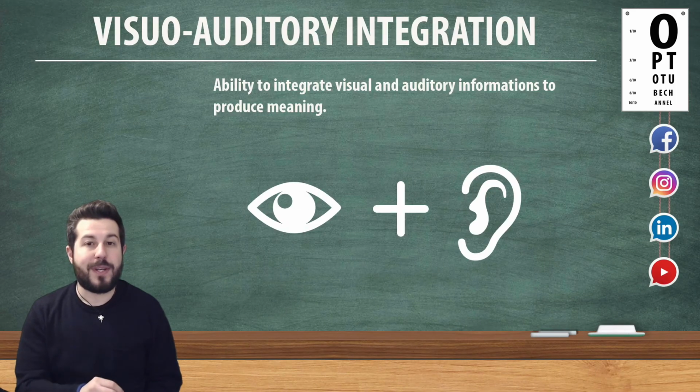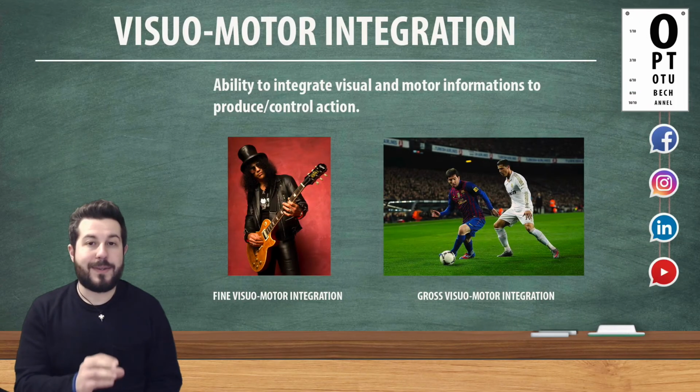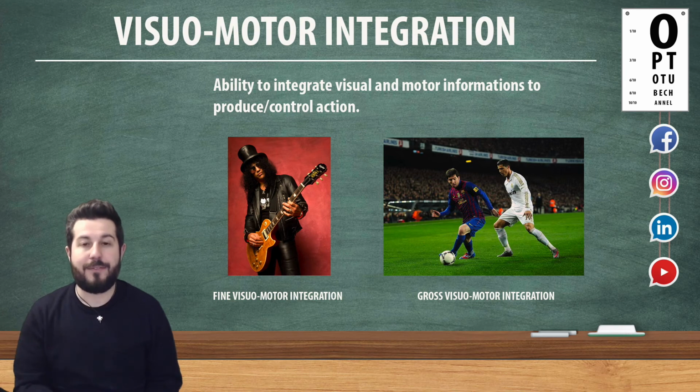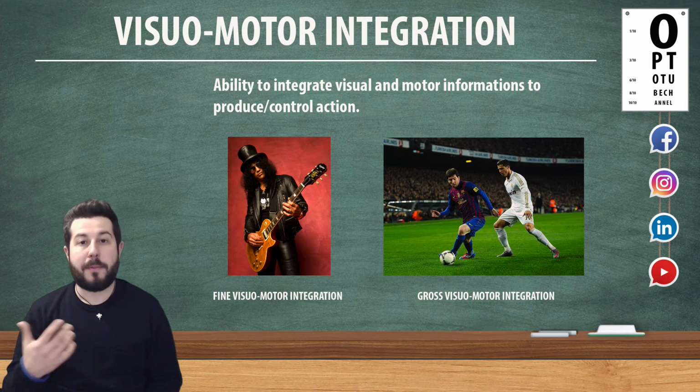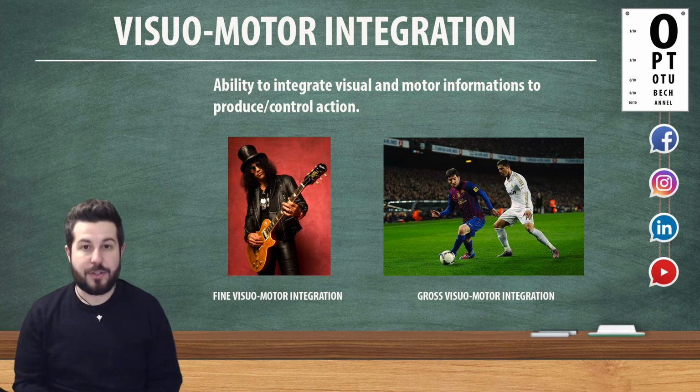So, to integrate visual and auditory information to produce meaning, or to integrate visual and motor information to produce complex actions, like writing or playing a musical instrument, and there we can find a distinction between fine visuo-motor integration and gross visuo-motor integration. The verification of visual information processing is very important, especially for learning activities, for writing, for reading, and all these schooling activities.